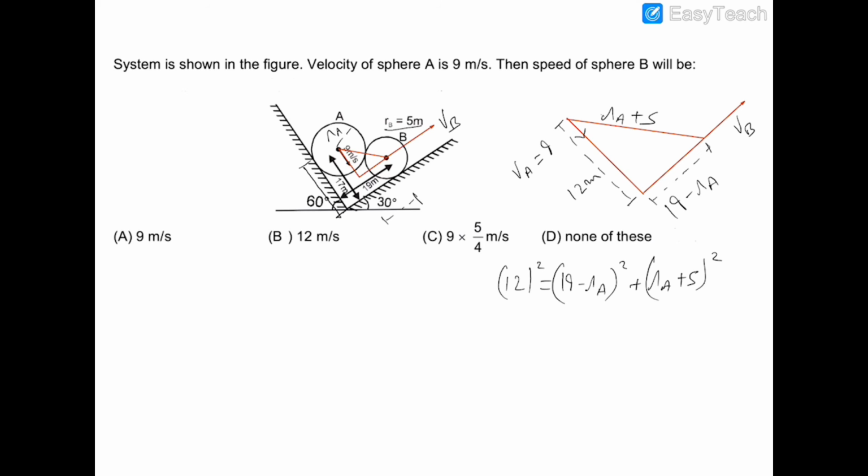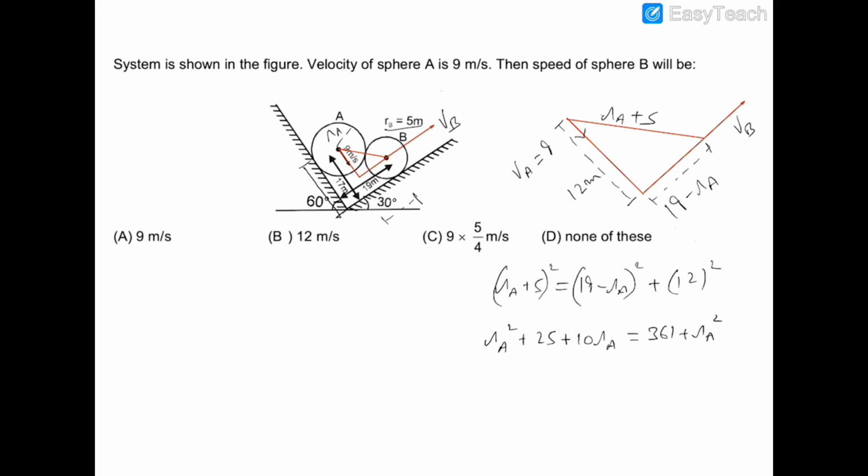Okay, I'm applying it again: the hypotenuse is RA plus 5 whole square, and it is equal to 19 minus RA whole square plus 12 whole square. So it is RA square plus 25 plus 10 RA, equal to the square of 19, which is 361, plus RA square minus 38 RA plus 144.